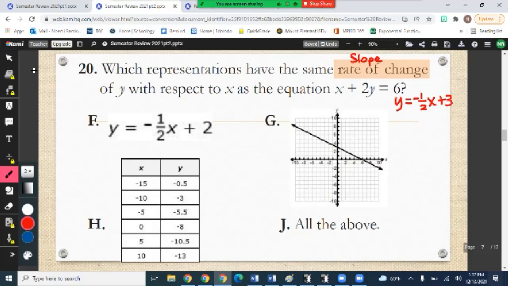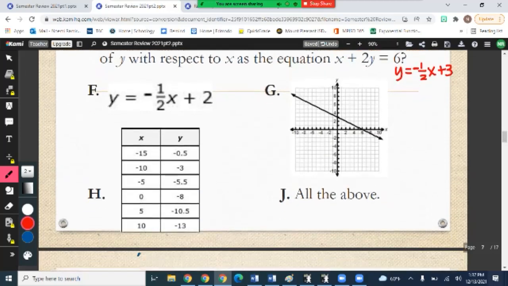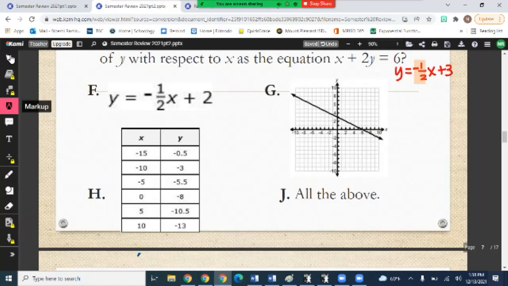Nobody did their homework over the weekend. Nobody. So look at f, or what is the slope of this equation after you're done solving? There's my slope. So look at f. What is the slope? -1/2. So f is a possibility.